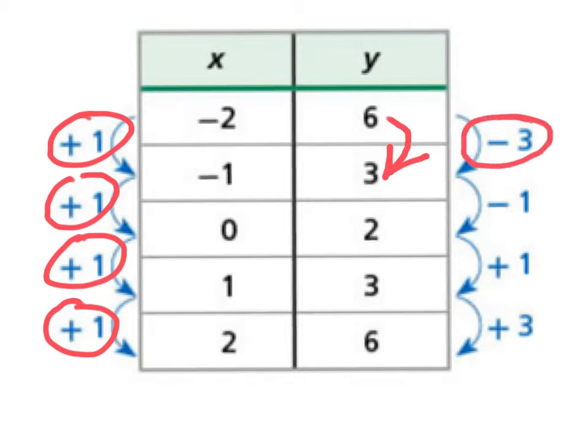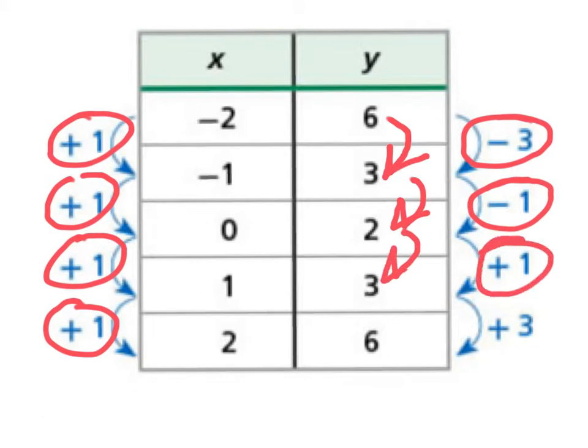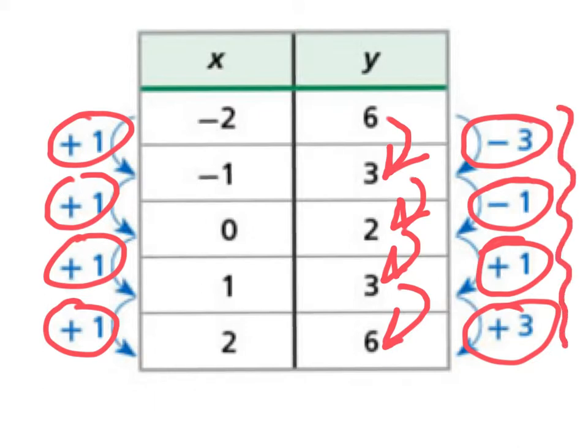But when you go from here to there, you're going down 1. And then from here to there, you go up 1. From 3 to 6, you go up 3. Are the y values changing consistently by the same amount? Yes or no? No, they are not.